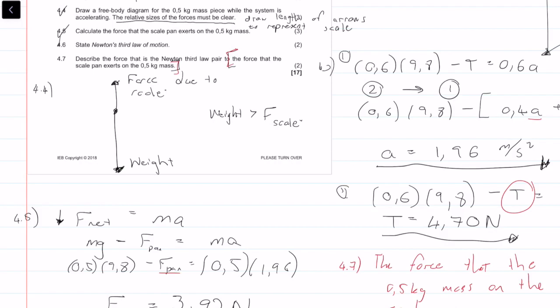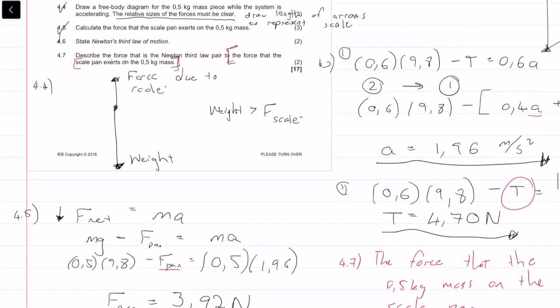Okay, so all we did was reverse the order. The scale pan exerts a force on the 0.5 kilogram mass, changed to the 0.5 kilogram mass exerting a force on the scale pan. Okay, and that question is done as well.